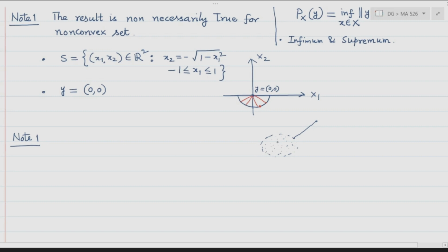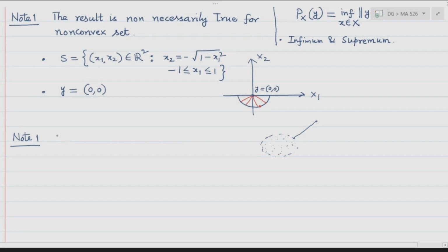Your presentation will be mathematically neat, and therefore please construct one set which is an open set, take an element outside of the set, and find that the result is not true for an open convex set.